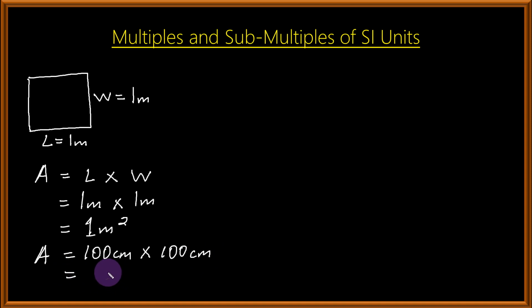And this is going to give us 100 times 100, I get 10,000 centimeters times centimeters gives me centimeters squared. So I can express this area either in square meters or centimeters squared.